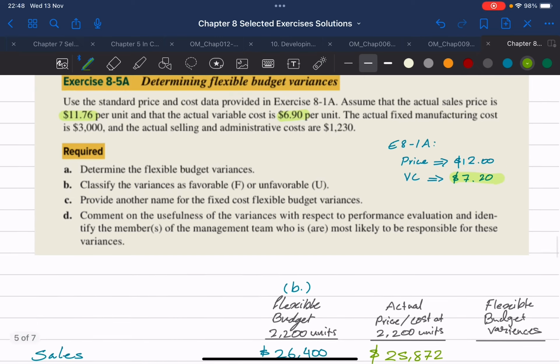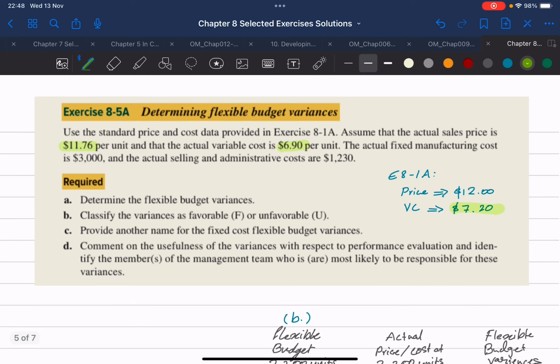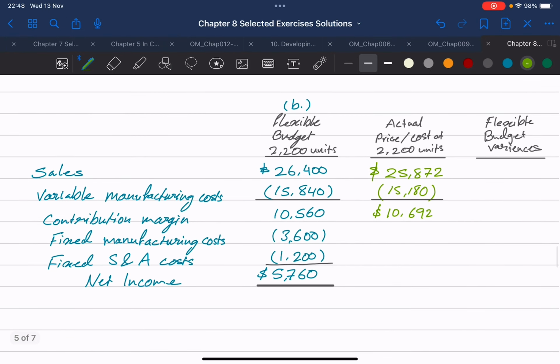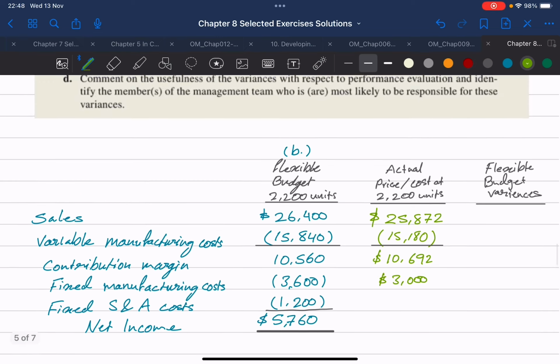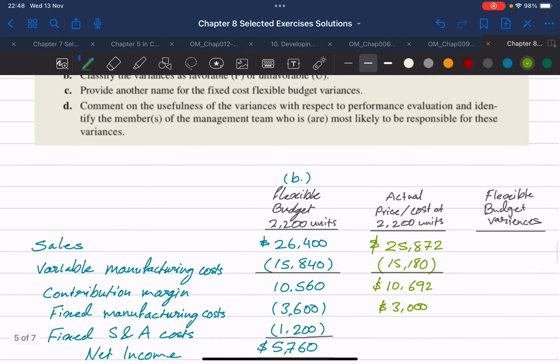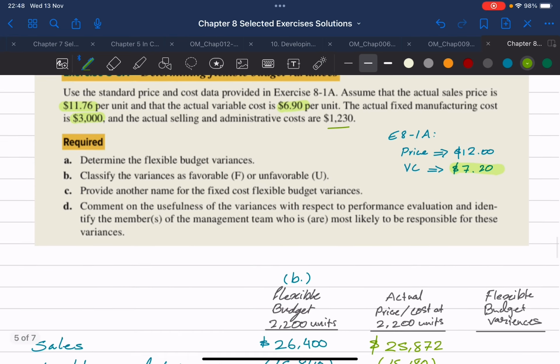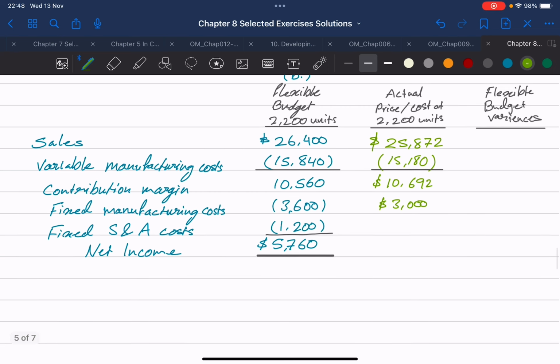Now the fixed manufacturing costs also decreased, as I said, from 3,600 down to 3,000. So we'll write that as it is, 3,000. And the fixed selling and administrative costs increased just slightly from 1,200 to 1,230. So we'll write that as well.